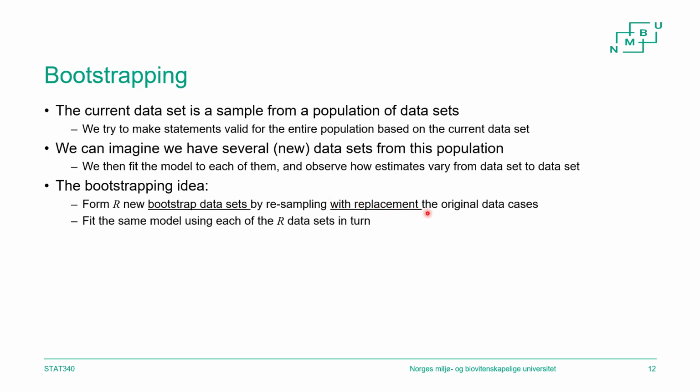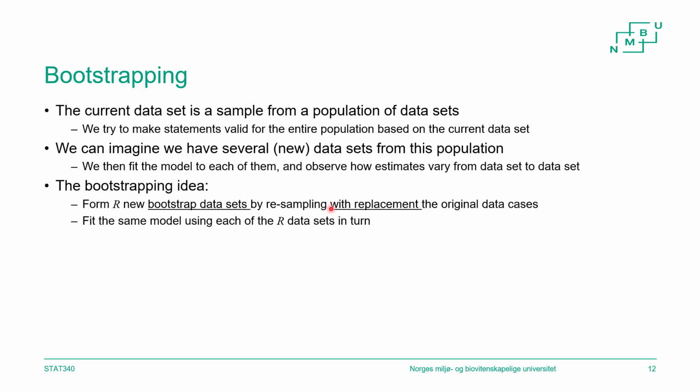It means that if you had 10 data cases originally, 1, 2, 3 up to 10 rows, you now make a new dataset also having 10 rows where you sample the rows from the original one with replacement. So you can sample row number 1, and you can sample it again.